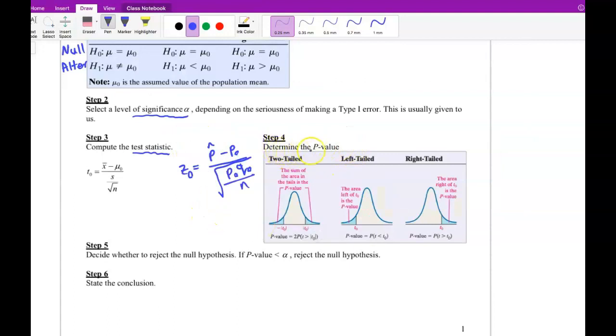Okay, then step 4, determine the p-value. Here we have two-tailed, and our p-value is the sum of what we have on the left and what we have on the right, so the sum of the area in the tails. Left tail is the area to the left of T0 and that is the p-value, and the last one is when T is greater than T0, so the area to the right is our p-value.